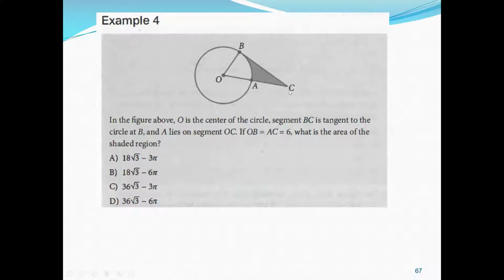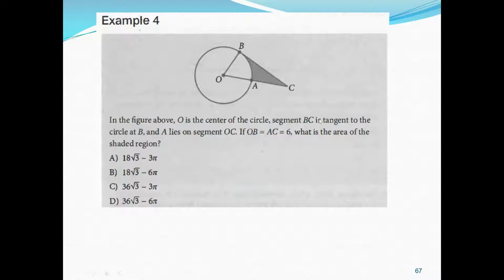Wow, we're getting much closer to the answer. As long as we can figure out the length of BC and the length of OB, we can figure out the total area here, right? Remember that in general, you will be given a sufficient set of information. That is, every single piece of information given to you by the question, you've got to use.